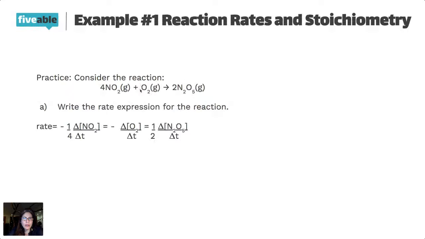Since we don't have a coefficient for oxygen, we just place a negative change of concentration of oxygen over change of time, equals 1/2, because the coefficient is 2, the change of concentration of N2O5 over change in time. Notice how this is positive, these two are negative. Questions here? Okay, I'm going to continue.